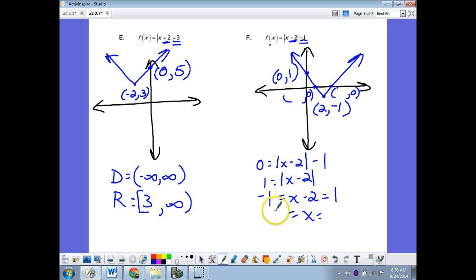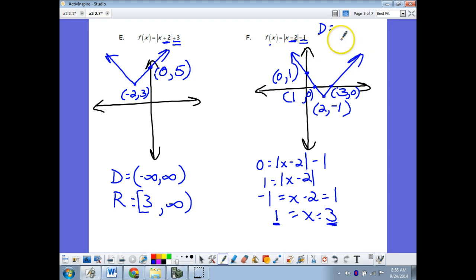-1 plus 2 is 1. 1 plus 2 is 3. So there are our 2 x-intercepts. At 1, this one would be the 1 because it's to the left. This one would be 3. So there are the 2 x-intercepts. And the only thing that's left is the domain and range.